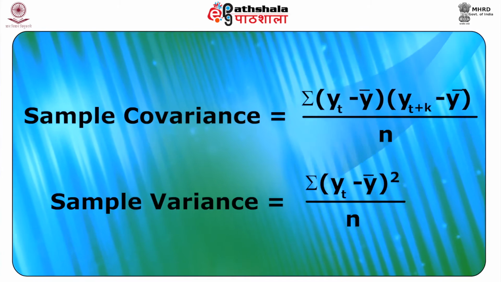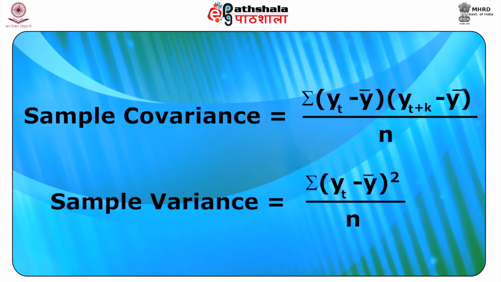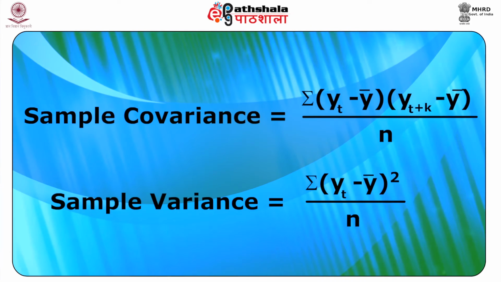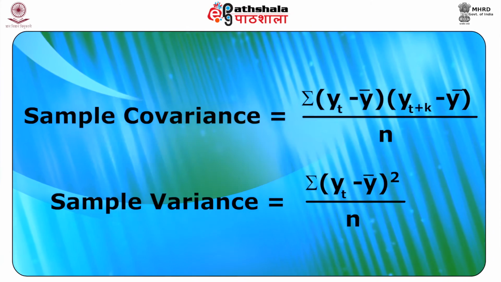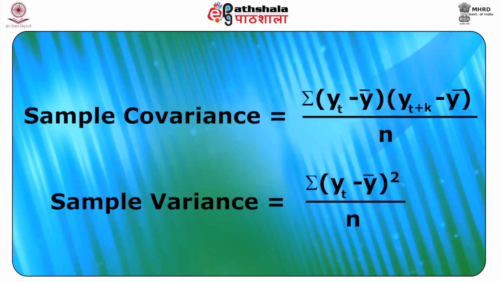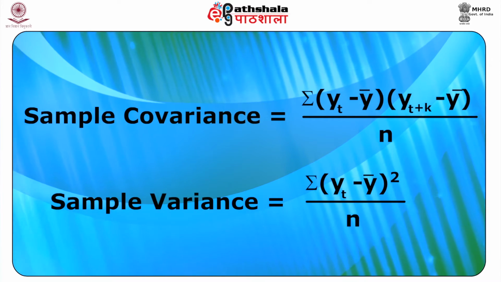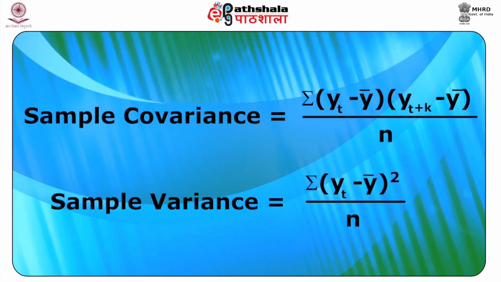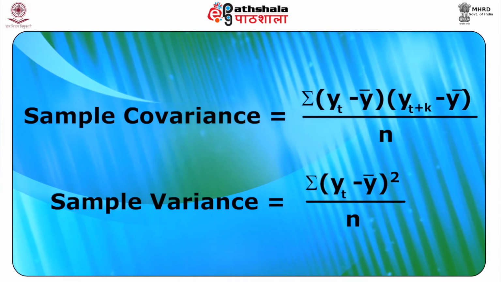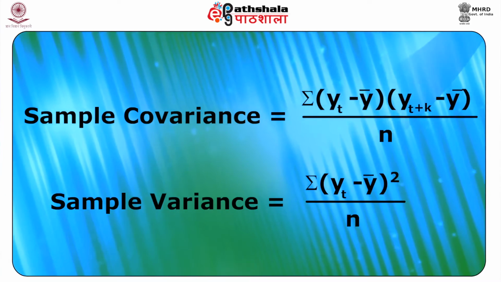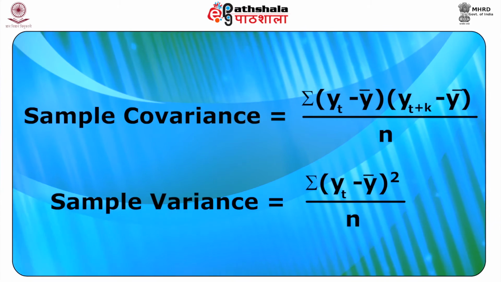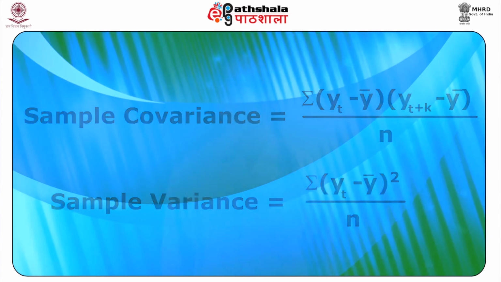Similarly, sample variance is equal to sigma of (yt minus y bar) whole square divided by n. Let's also define sample autocorrelation function as sample covariance upon sample variance. So once we calculate sample covariance and sample variance, we can easily find the sample autocorrelation function. If we now plot the sample autocorrelation function on a graph, it will be termed a sample correlogram.